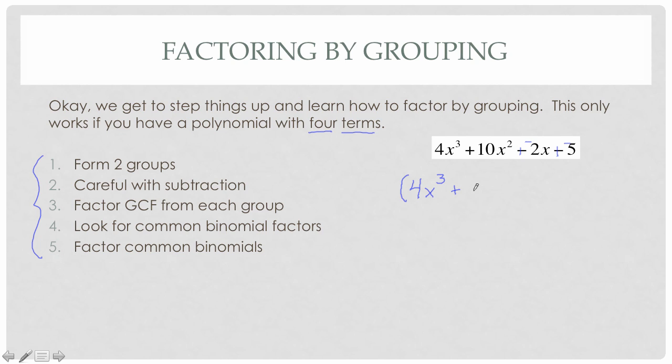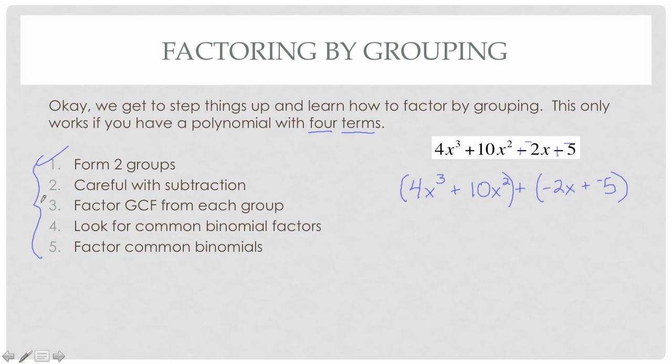I can just keep negatives with the numbers. So it ends up becoming 4x to the third plus 10x squared, plus, there's 1 group, plus negative 2x plus negative 5. There's my other group. Okay, 2 groups formed, boom.